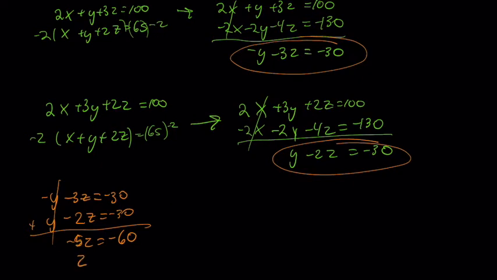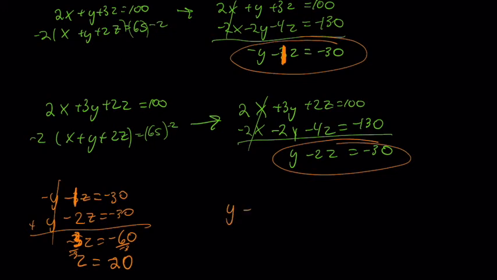So I then have that z equals this is a 1z. So I have negative 1z. So now if I have negative 1z and 2z, I have negative 3z. I divide both sides by negative 3. z equals positive 20. Now that I know z, I can solve for y.